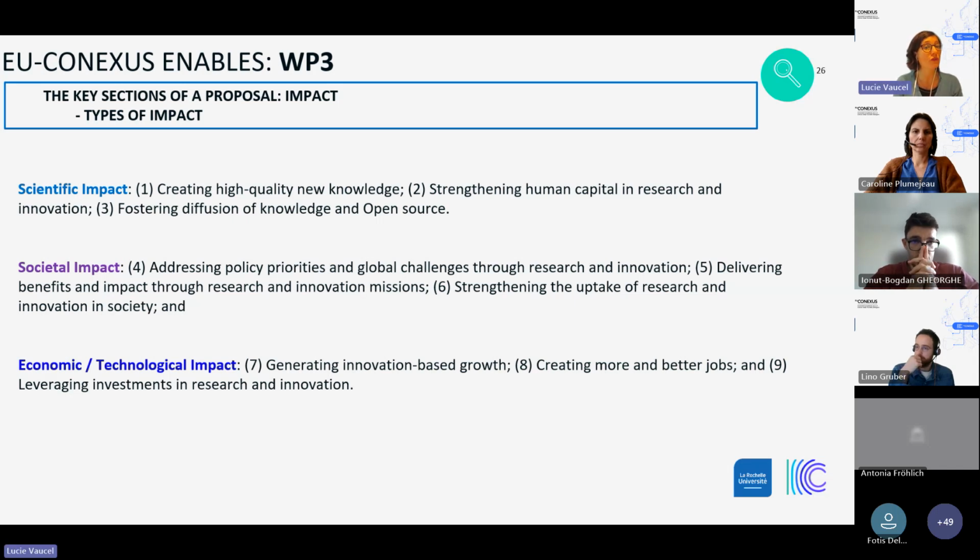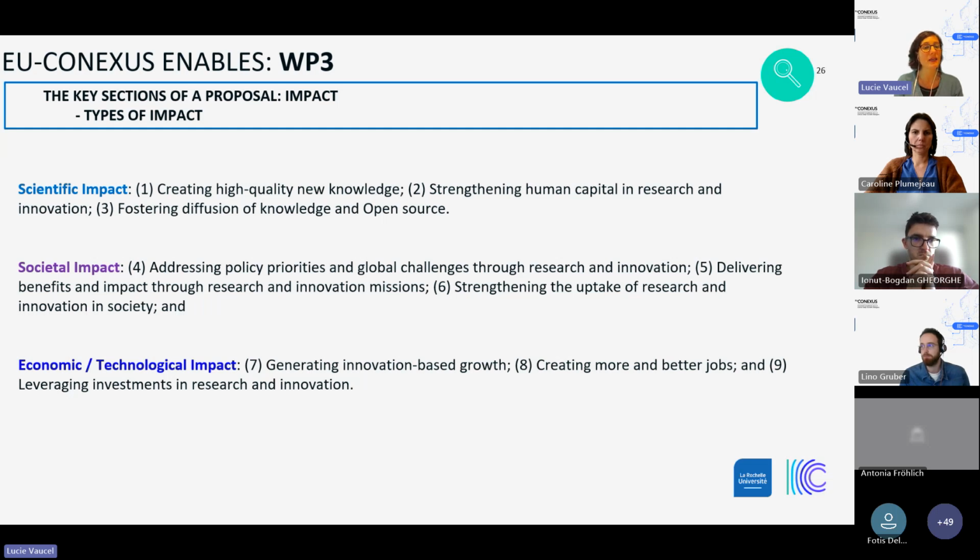But you might have also societal impact, those that will address policy priorities and global challenges. Societal impact can also be delivering benefits and impact through research and innovation missions, strengthening the uptake of research and innovation in society.